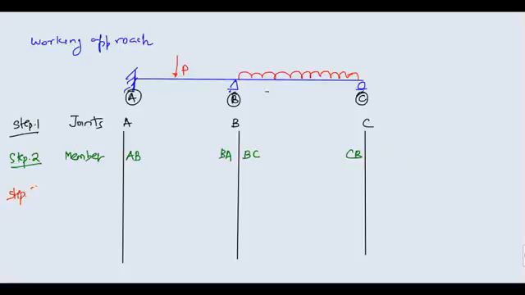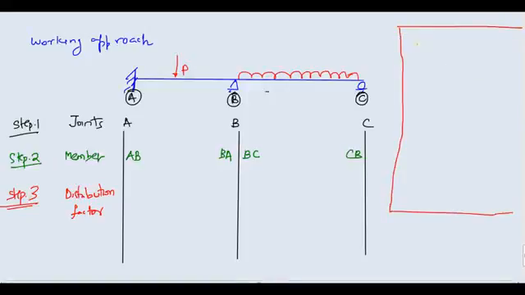Step 3 is your distribution factor. You can find it in some rough area. Here, suppose I am trying to find the distribution factor for AB.